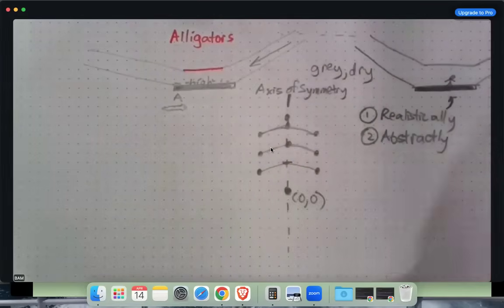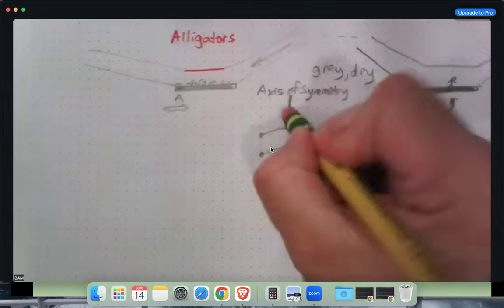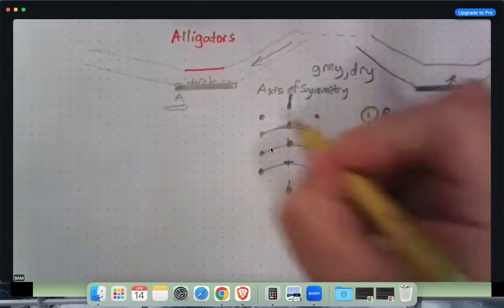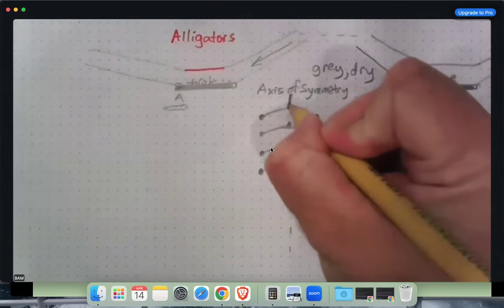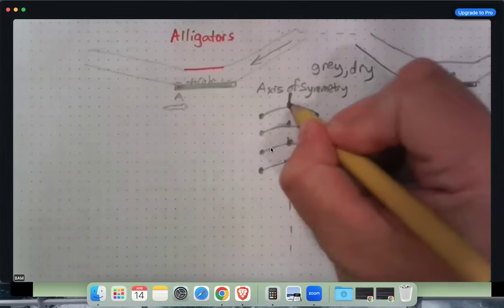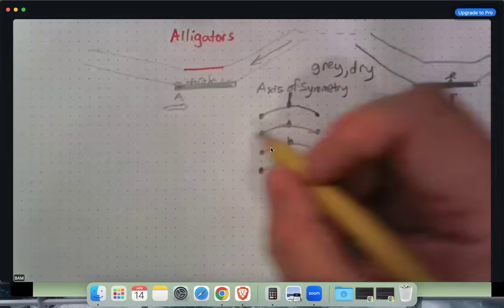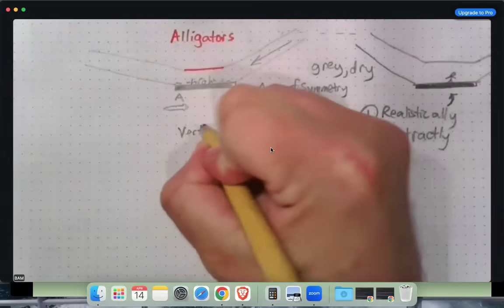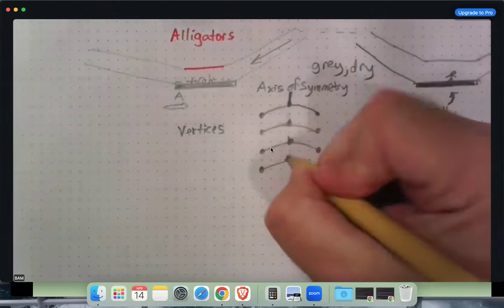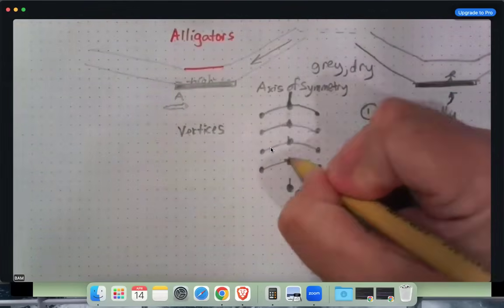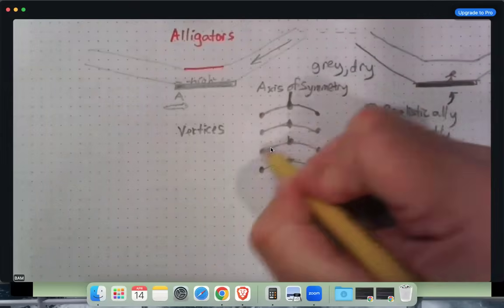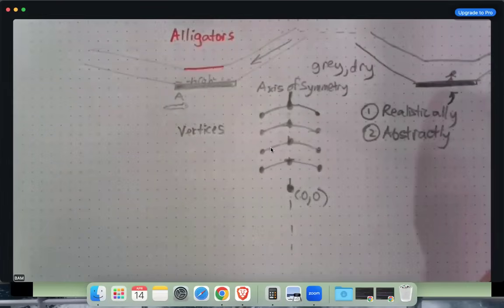So that's kind of like the scales. And you do not have to make your drawing have parabolas if you don't want to. So these 4 spots are called vertices. Vertices is plural for vertex. Each one is a vertex. So we have 4, and these are parts of parabolas.